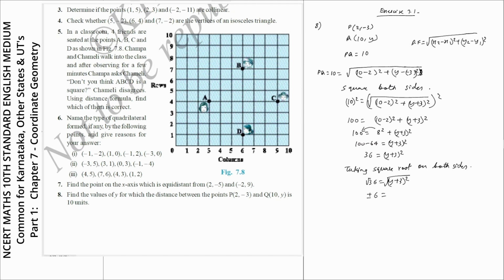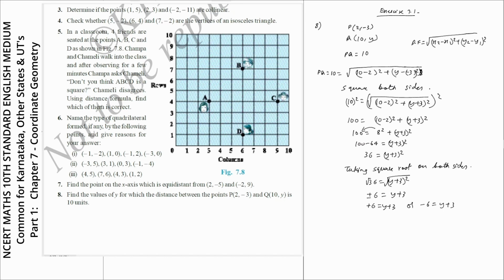Now on the right hand side, the square root and power of 2 will get cancelled. I will be left with y plus 3. So it means plus 6 is equal to y plus 3, or minus 6 is equal to y plus 3.